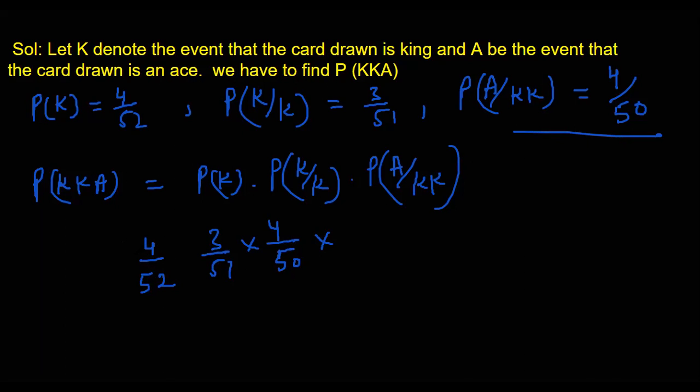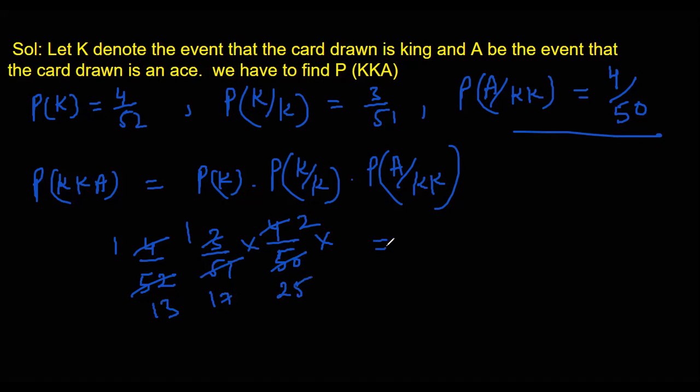So 4 and 52 should be cancelled, giving 13. And 3 and 51 give 17. And this should be 2 and this should be 25.